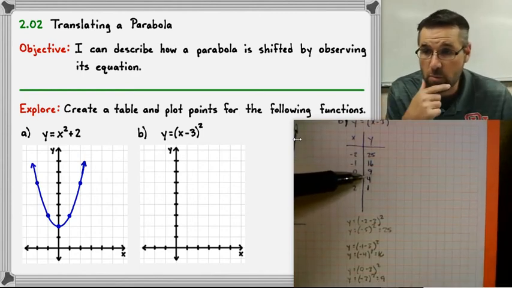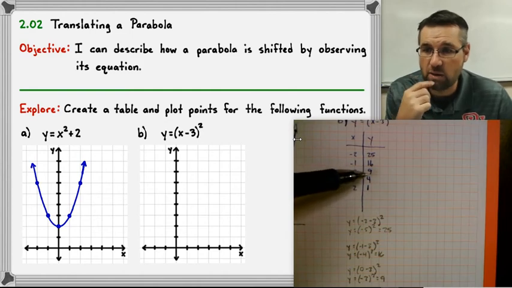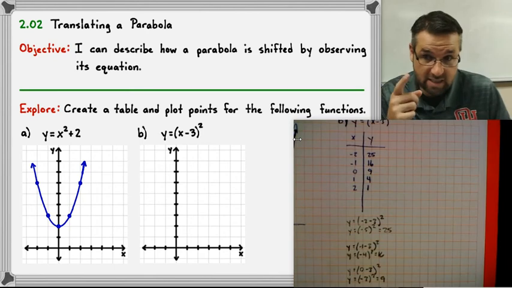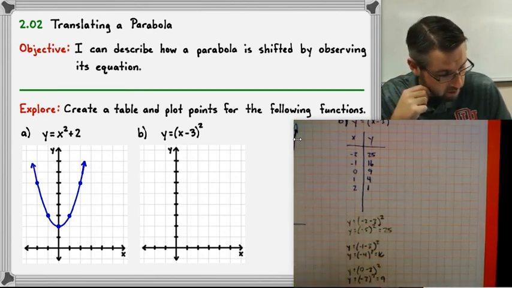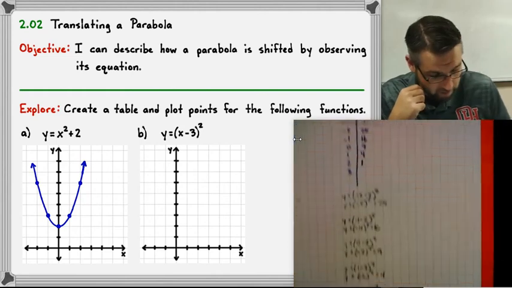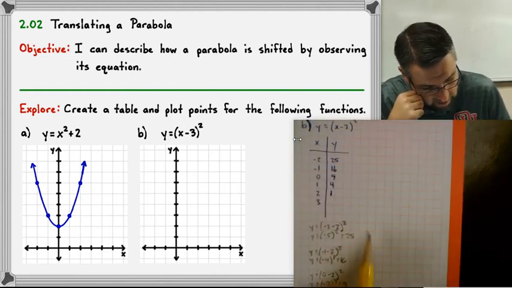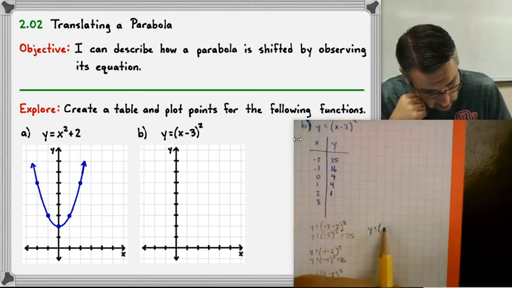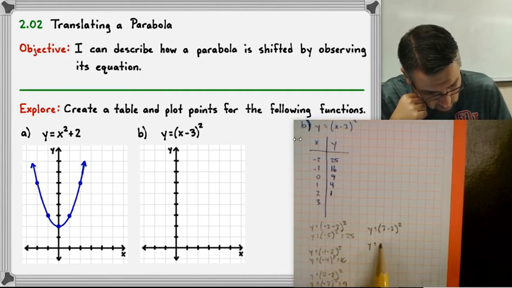I know for a parabola that it's got to turn around somehow. And so I want to keep plugging in points until I see where it's turned around. So I'm going to add 3 to my table. So y equals (3 minus 3) squared. So y equals 0 squared, or 0.